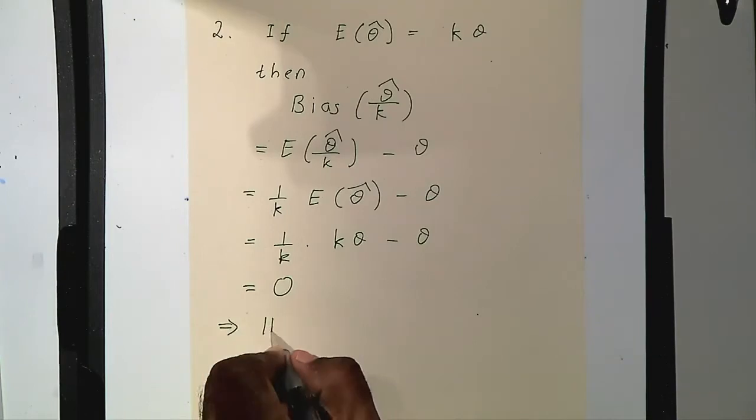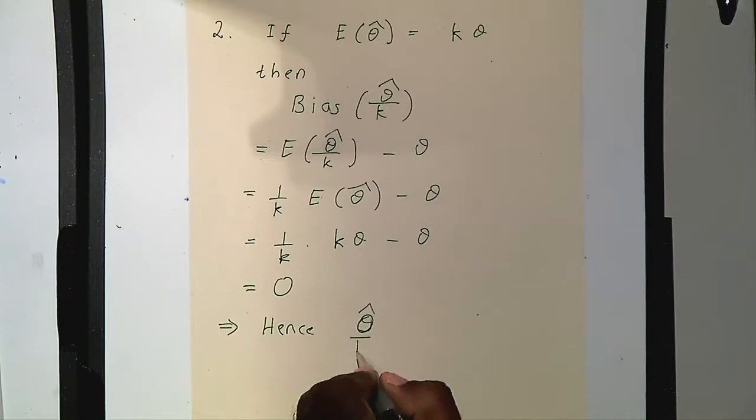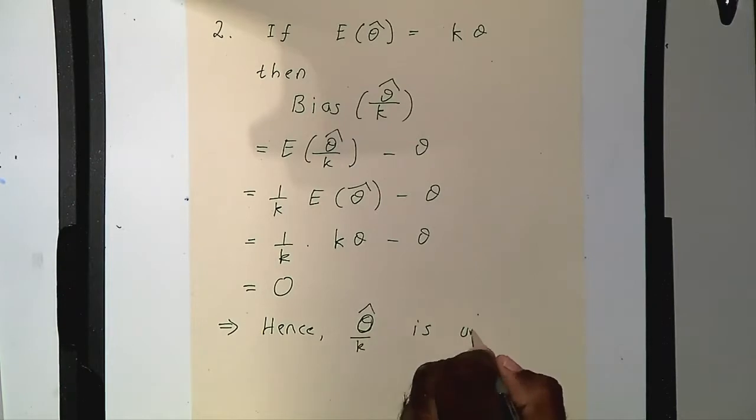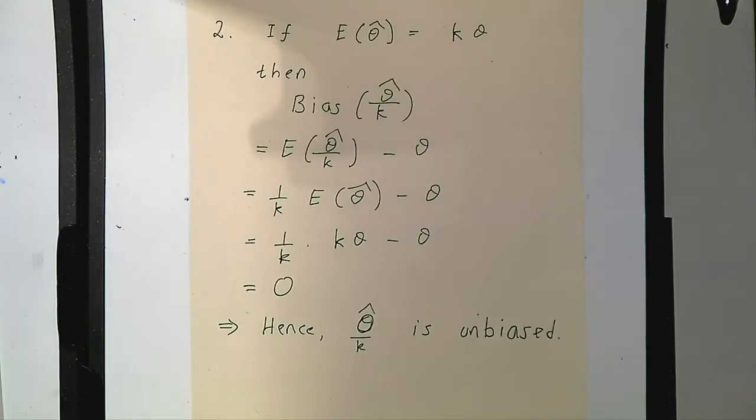Hence... right? Are you with me? This is a very simple proof. Do you remember the property? We are asked to show that if this is the case, then theta hat by k is unbiased. That's what I've just done, right? Are you okay with this proof? Yes? No? Right. That's property 2.